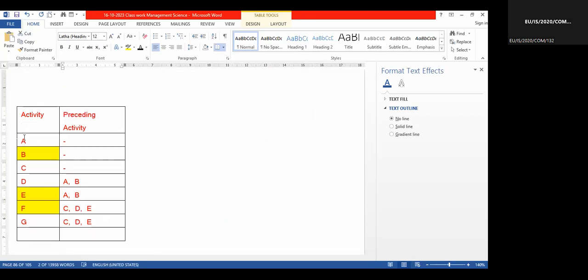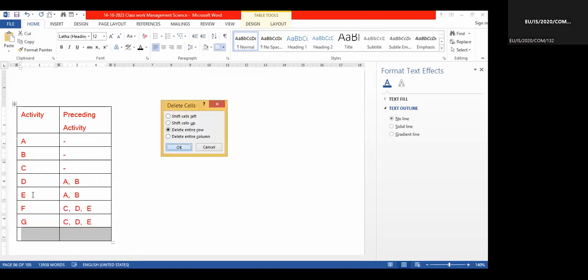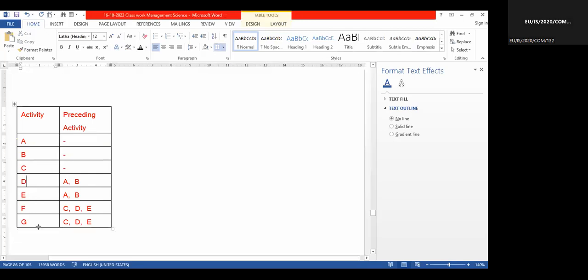Now you see the activities. How many activities are here in this table? 7 activities. 1, 2, 3, 4, 5, 6, 7 activities are there. You know an activity has a definite starting and ending. To denote an activity, we use an arrow mark.